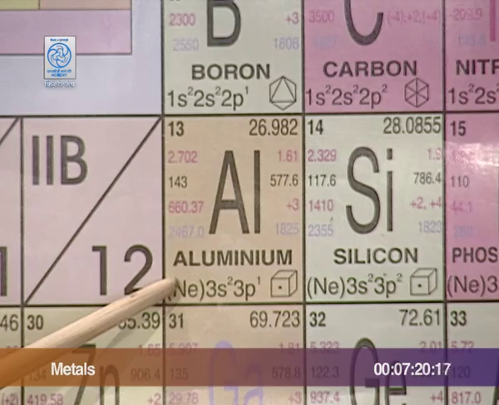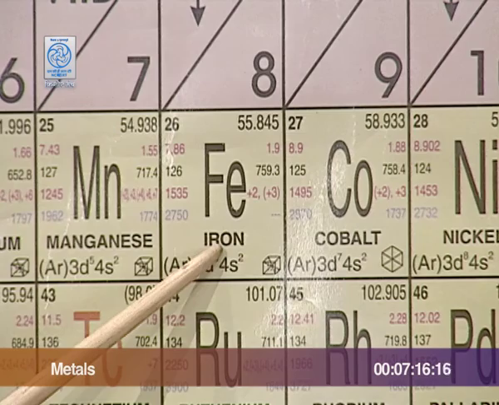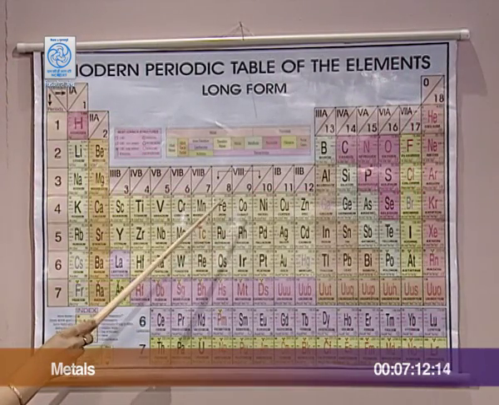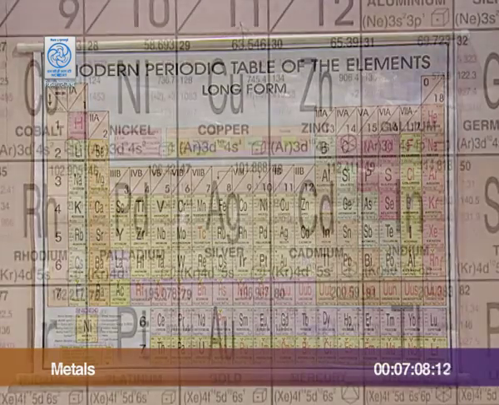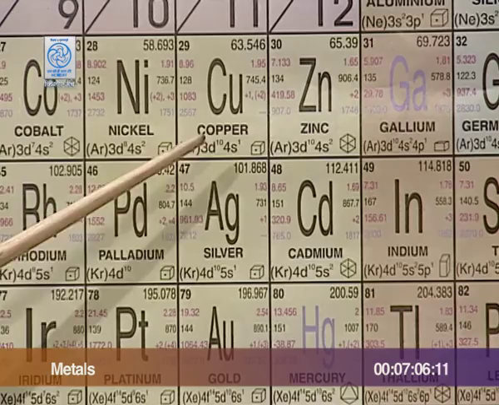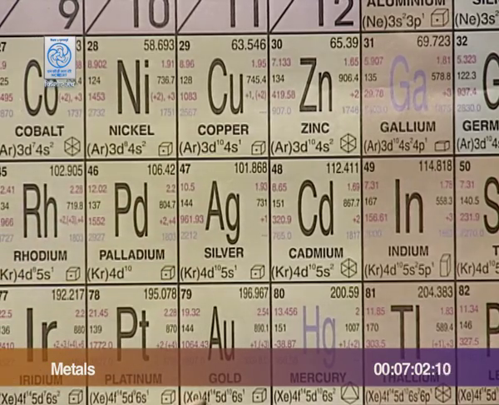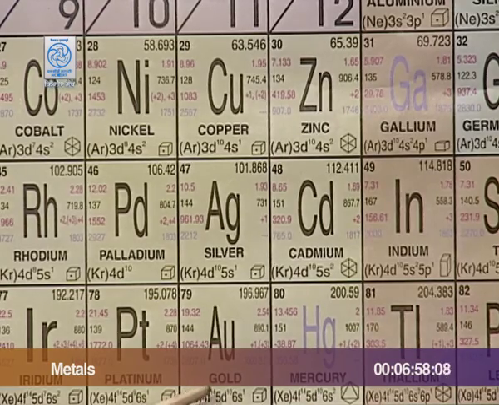Some metals like aluminium, zinc and iron do not react with cold water but react with steam. Metals like copper, silver and gold do not react with water at all.